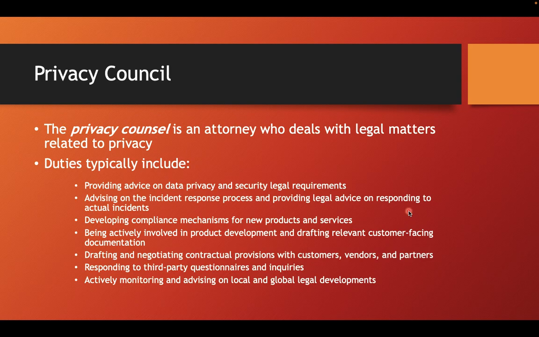You're going to be responding to third-party questionnaires and inquiries. You're going to be developing compliance mechanisms for new products and services. You're going to be actively involved in product development and drafting relevant customer-facing documentation, and so on and so forth. You're also going to be drafting and negotiating contractual provisions with customers, vendors, and partners.